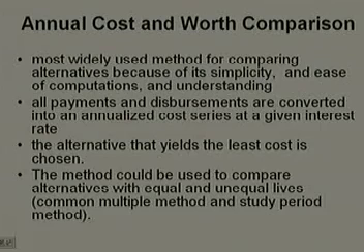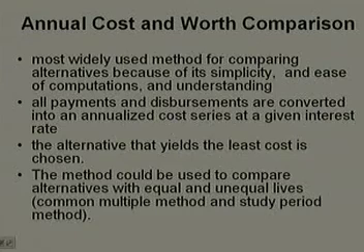Even if you are telling it to some layman, you can say that if you are investing in this alternative, you are getting an annual return of X. If you are investing in this alternative, you are getting an annual return of Y. People feel very close to such kind of talks. So, that is why you find that this method of analysis is most widely used.